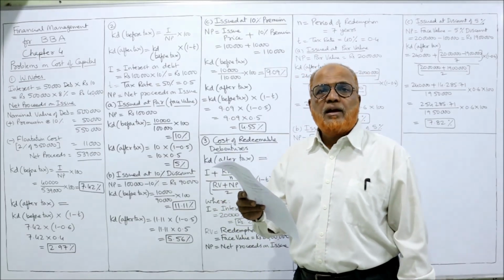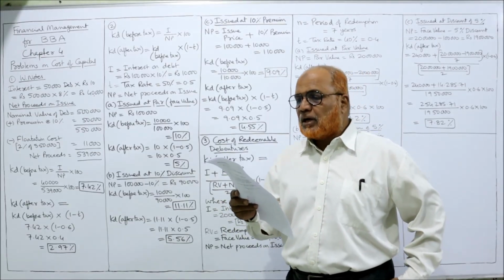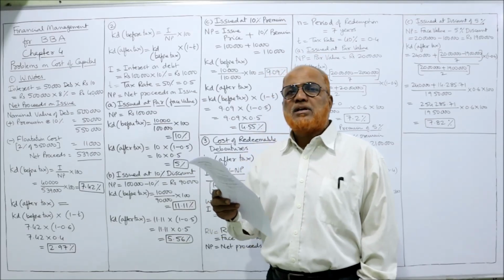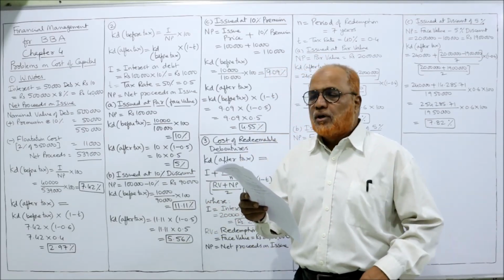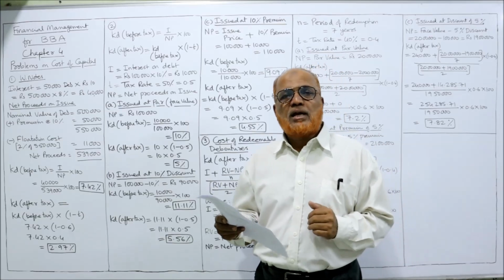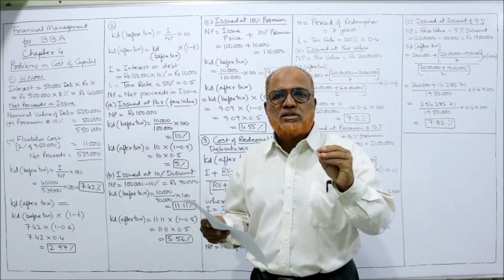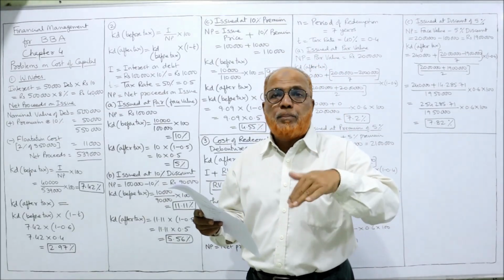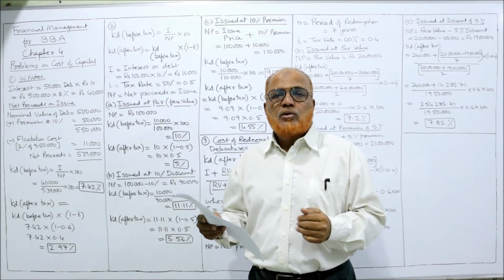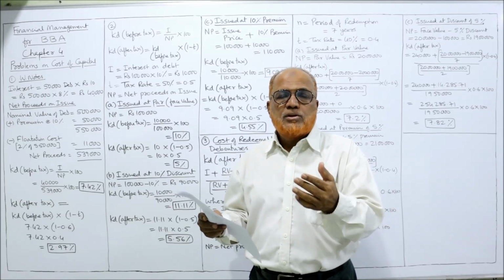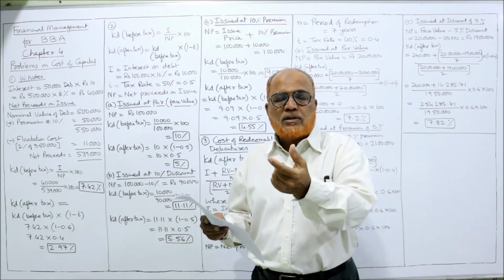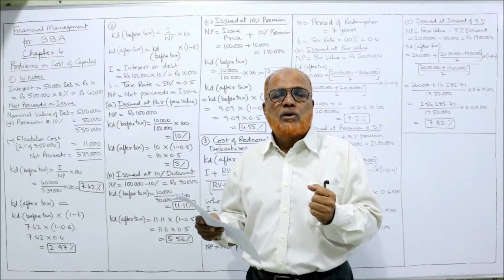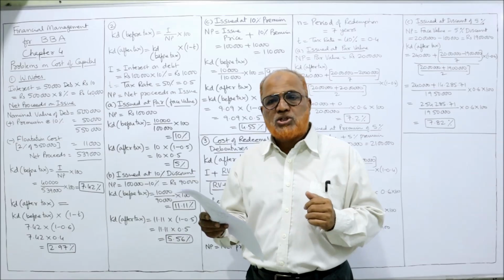So it is irredeemable debentures of 50,000 and each debenture face value is 10 rupees. So 50,000 into 10, 5 lakh rupees debentures the company issues, but at a premium of 10%. So we have to add the premium. So 5 lakh rupees face value, 50,000 rupees premium. Total 5 lakh 50,000 is the issue value.